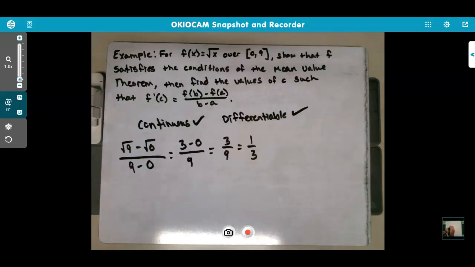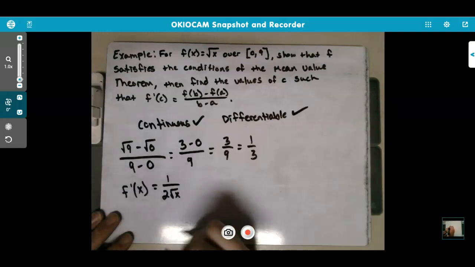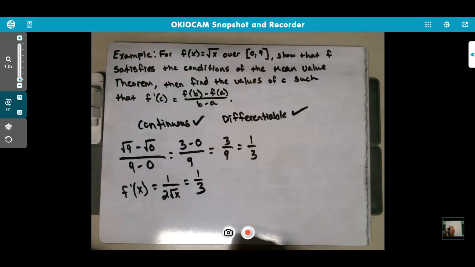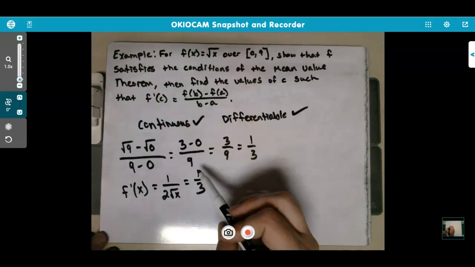So I want to find where the derivative is equal to that. So let's find the derivative of f of x. The derivative of the square root of x, we have said this a bunch of times, is 1 over 2 square roots of x. So I want to know where that is equal to 1 over 3. Well, on top I can see I have 1 is equal to 1. So what I must have is 2 square roots of x equal to 3.